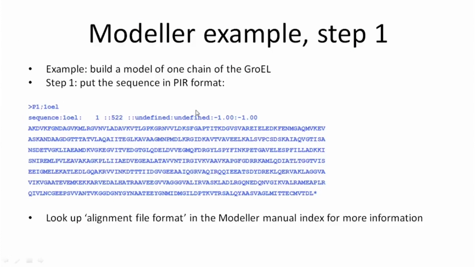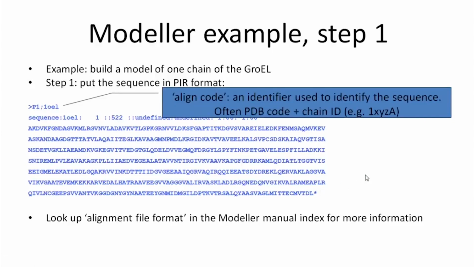It starts with the command line followed by the sequence description and the actual sequence, and it ends with the star. The first line gives the detail about the align code, which is very essential for Modeler to read the sequence, and the same ID should be used throughout the process.